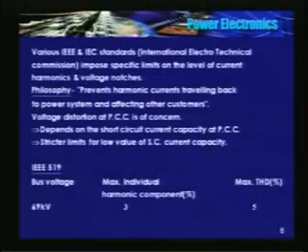Let me tell you one thing, there are various agencies, IEEE plus IEC, the International Electrotechnical Commission. They impose specific limits on the level of current harmonics and voltage notches. Gone are the days when I would design a system and use it, and what happens to the system is not my headache. Those were the good old days.